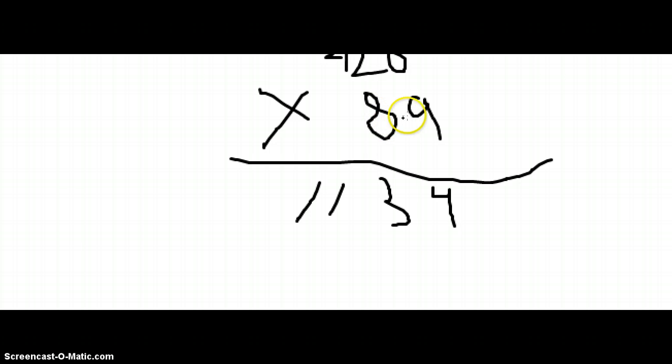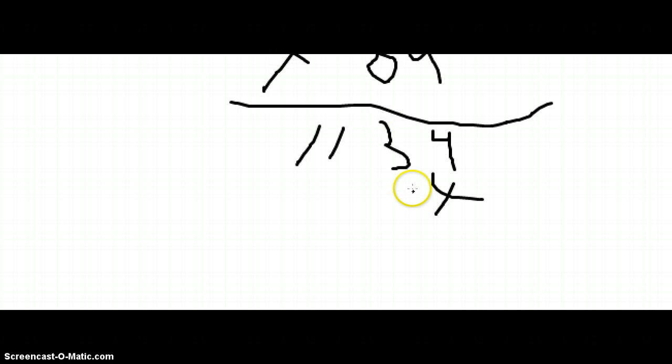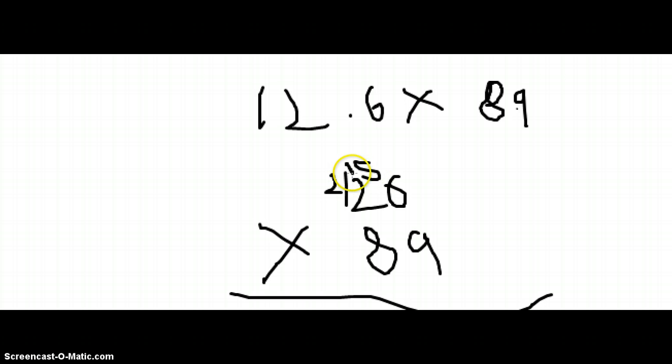And now we're going to do the 8, and cross as I told you. 8 times 6 is 48. 8. Here I just have to raise it because we don't have that much space left. And here it comes again. 26.